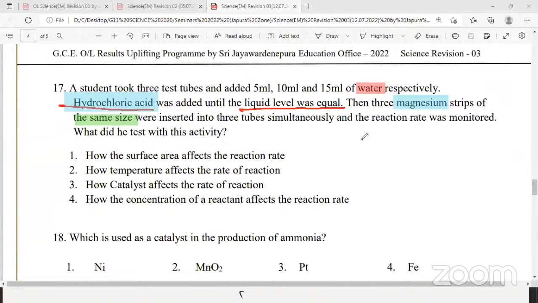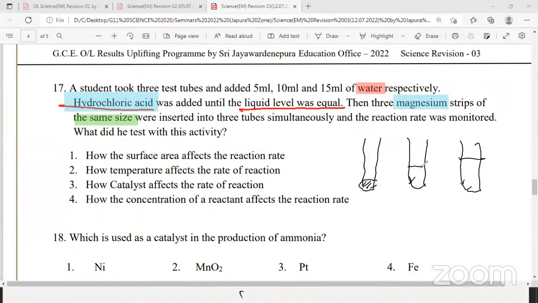17th MCQ. If you want, I'll make a small sketch of this diagram, then you can easily understand. If you find it difficult to understand, my advice is to make a small sketch of the diagram. So you have 3 test tubes, and you add water 5 ml, 10 ml, 15 ml.